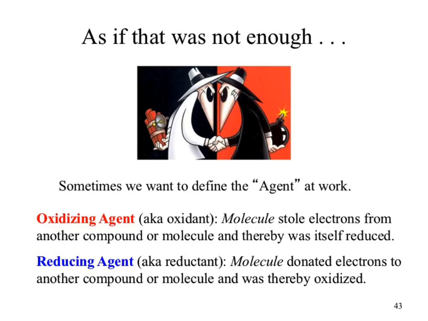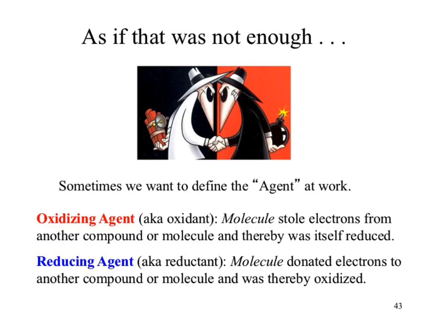The species that acts as the oxidizing agent was itself reduced. What does it mean to be an oxidizing agent? You are causing something else to be oxidized. If something else is oxidized, what had to happen to you? You had to be reduced. You had to gain electrons.